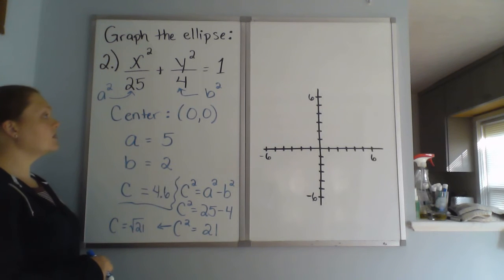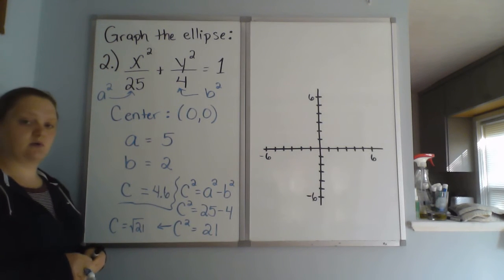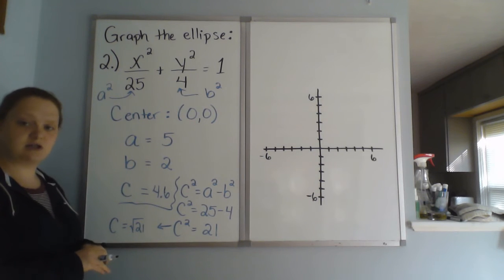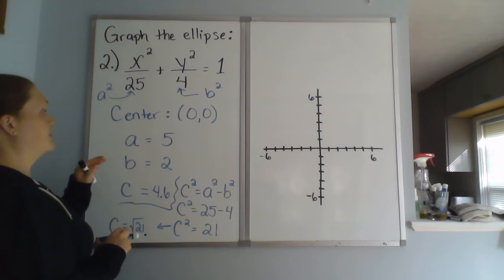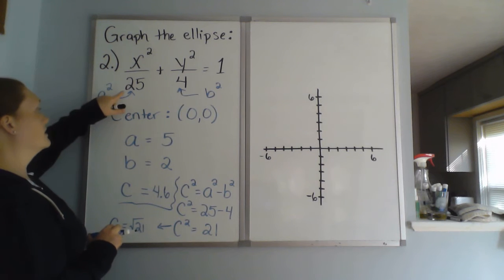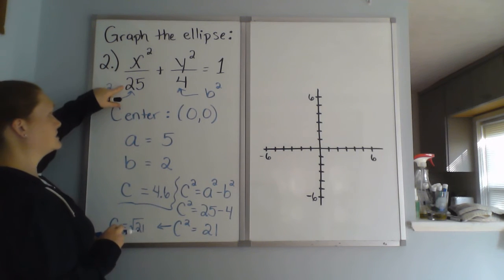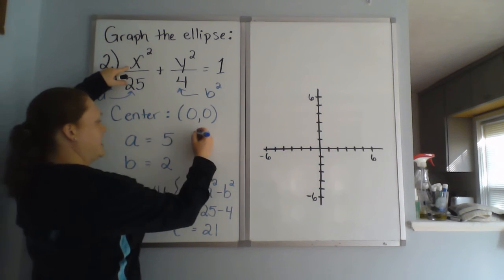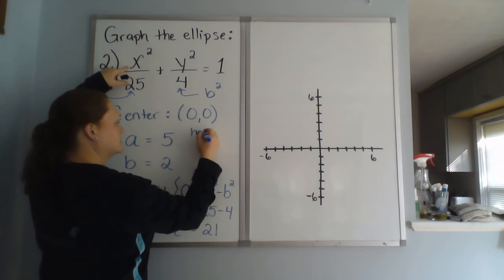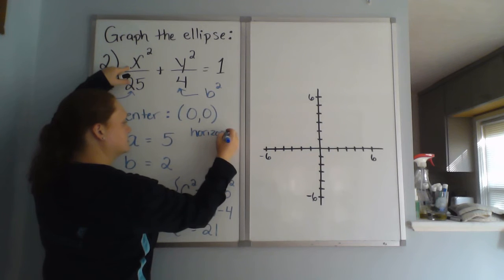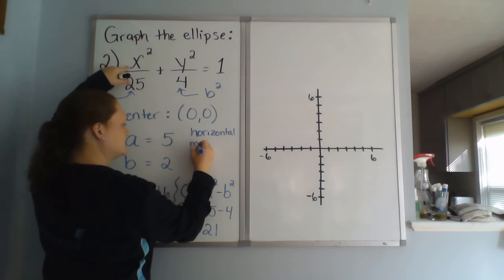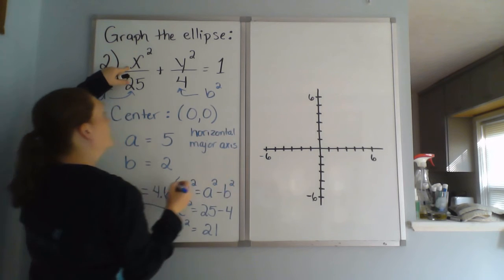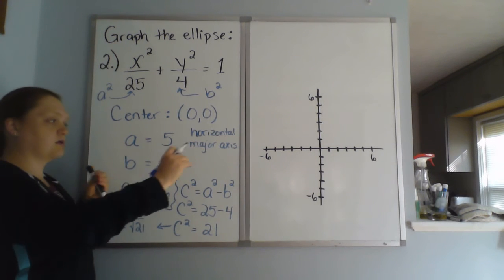Now we need to decide, is this going to be a vertical major axis or a horizontal major axis? Again, that's determined by the location of A squared. Since the bigger number is under the x, that means that we have a horizontal major axis this time, and that's because the x-axis is a horizontal line.